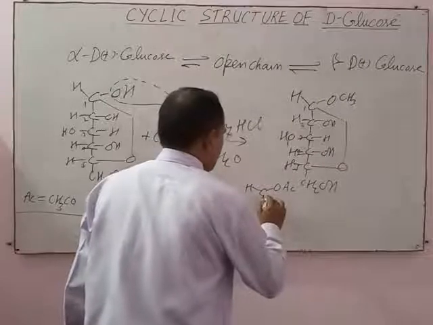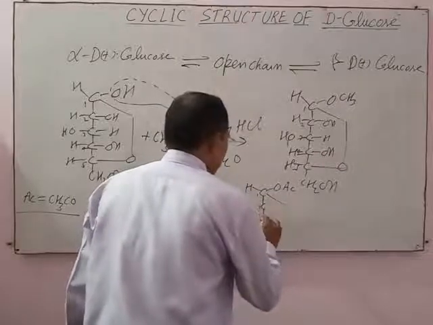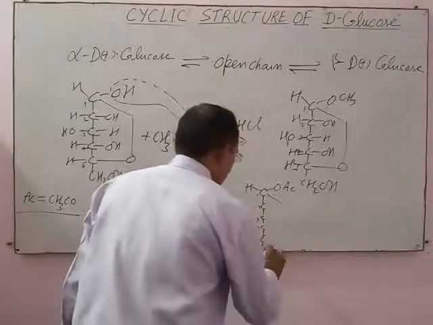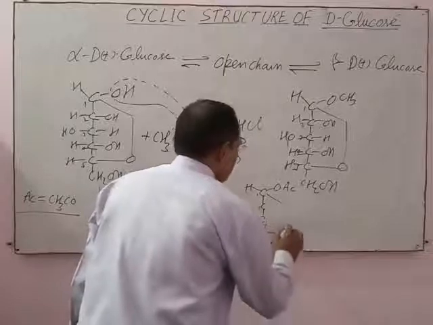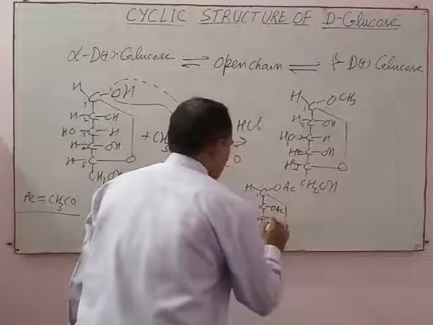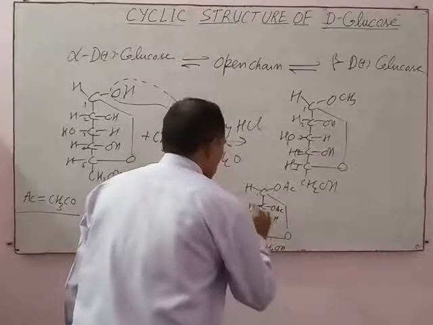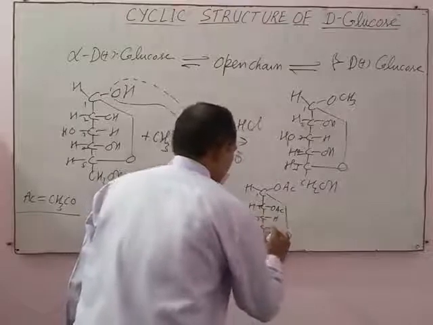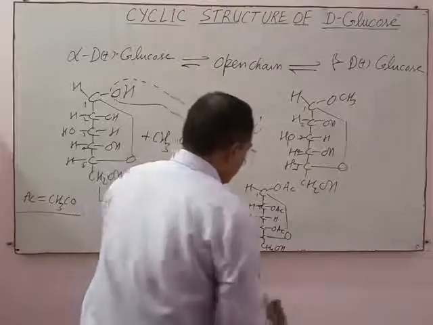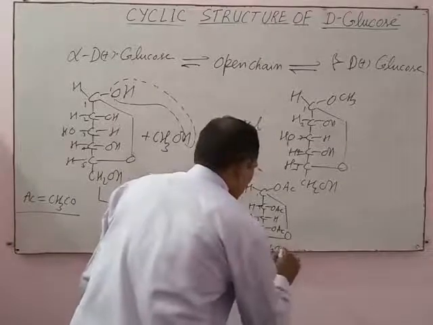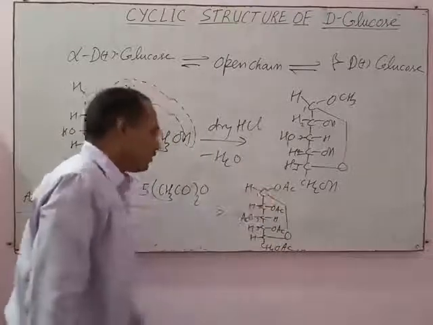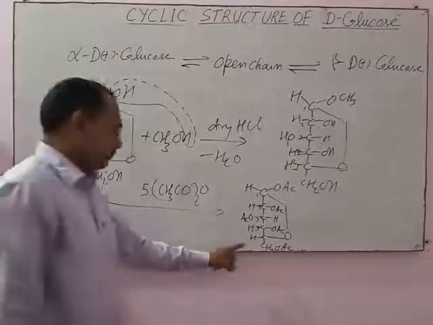Carbons 1, 2, 3, 4, 5 and 6, with OAc, OAc, OAc and H, and also CH2OAc. This is the pentaacetate of glucose.